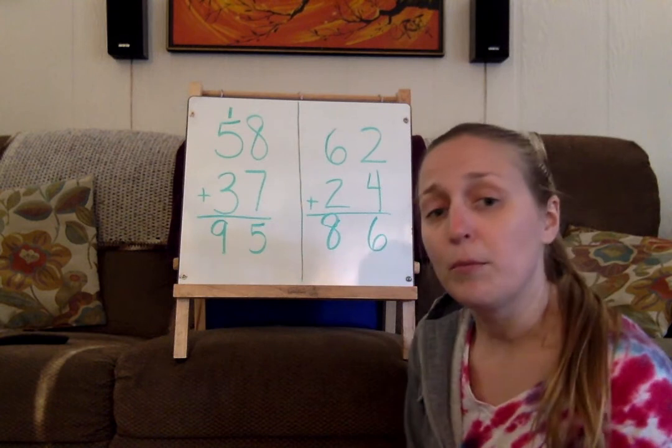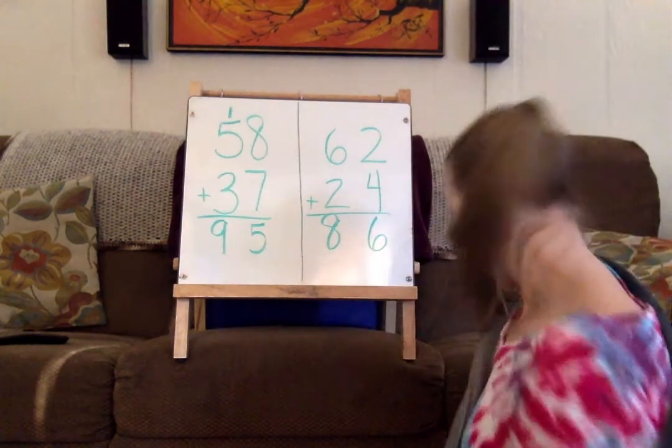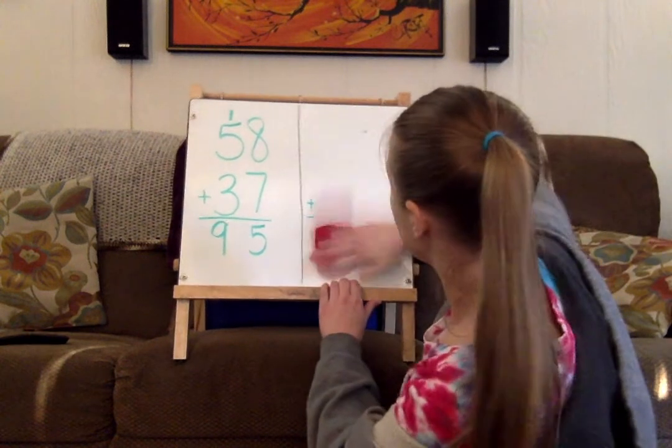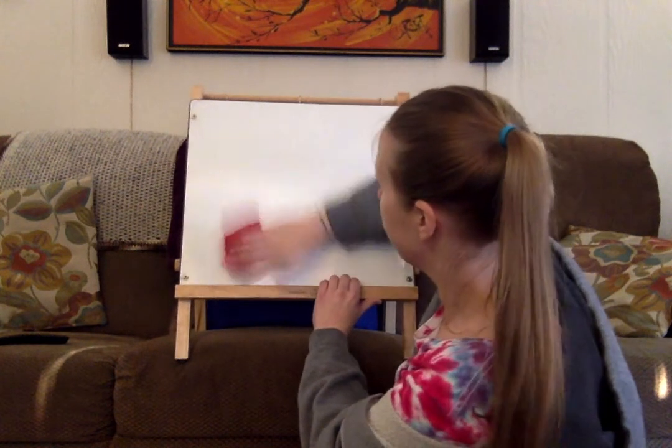Now, we're going to move on to the subtraction problems. There's a few different things that we need to know. Hopefully we remember our rhyme. So I'm going to write a few more equations up here.